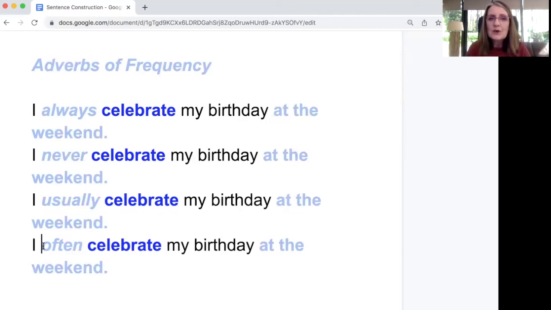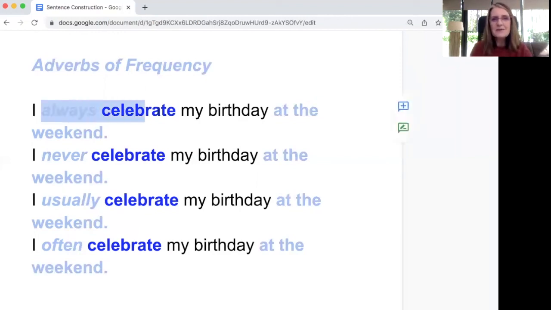And these words show us how often we do something. So I could say, I always celebrate my birthday at the weekend, or I never celebrate my birthday at the weekend. I usually celebrate my birthday at the weekend, or I often celebrate my birthday at the weekend.